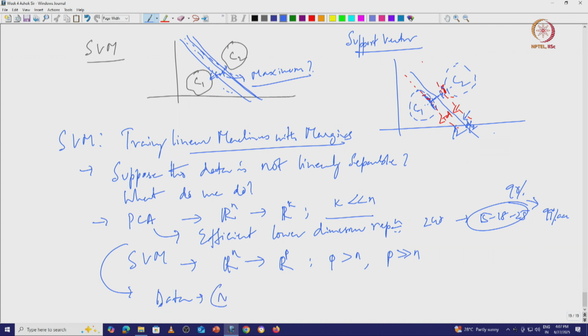Suppose it is not linearly separable, which is quite frequent, then look for a higher dimension, that is your projection.